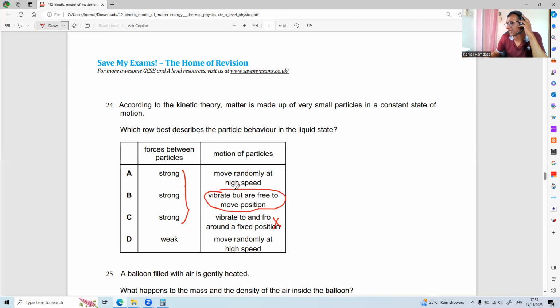Move randomly at high speed, well, that is more, how to say, gas. Gas move randomly at high speed. They vibrate but are free to move position. And here, I doubt myself a little.